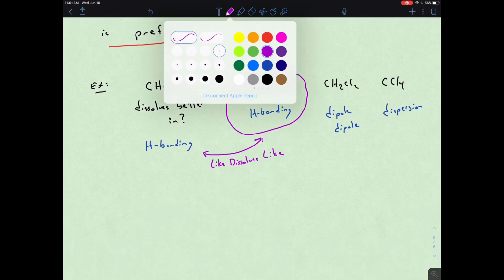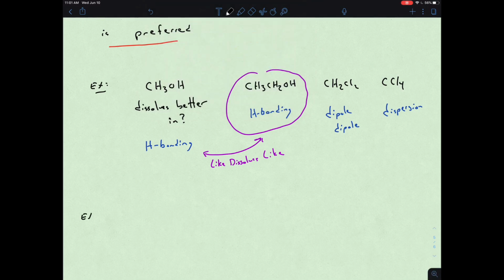If we do another example, let's say a molecule looks like this, and we have our choices of H2O, and we can put these phases in above if we want, as all these are liquids.